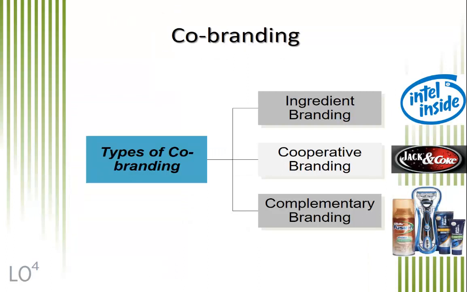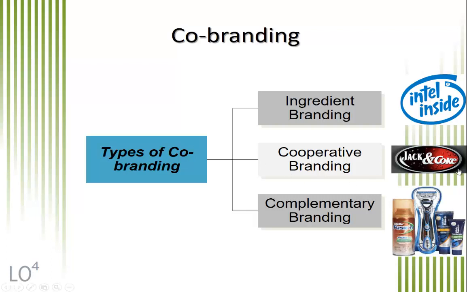Co-branding is placing two or more brands' names on a product or its package. Ingredient branding identifies a brand of a part that makes up the product. For example, if we buy any computer, it says Intel inside or AMD inside as the core CPU. Cooperative branding occurs when two brands receive equal treatment.